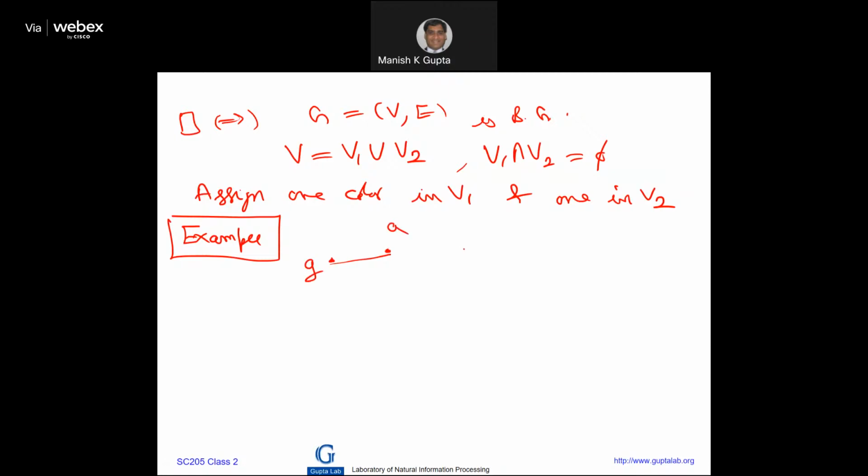A, G, B, C, D, E, F. Making this graph will take some time, but anyway. A to C, there is a connection. B to C, there is a connection. F to B, there is a connection.